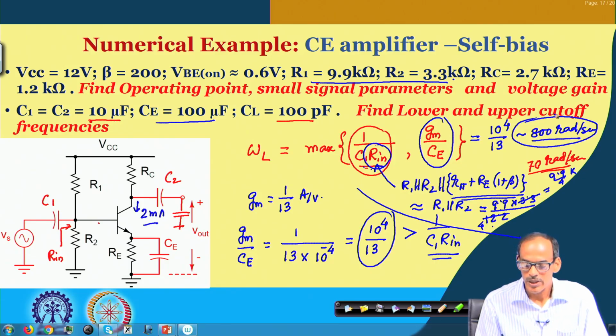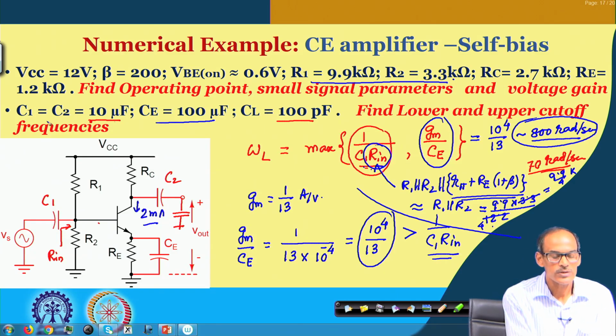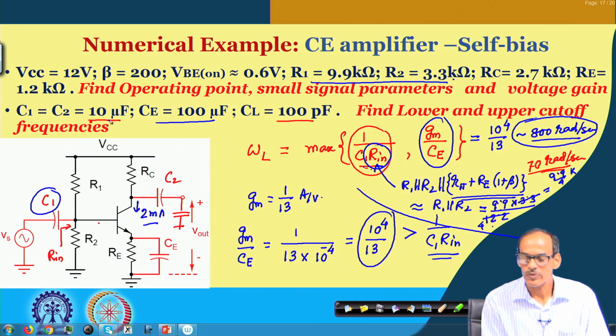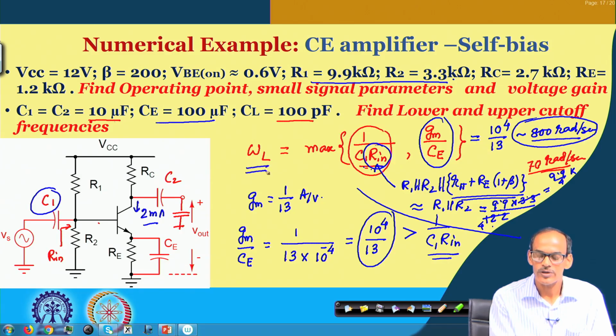But of course, if you pick this C1 as say maybe 1 microfarad, then the candidate to define the lower cutoff frequency will be the first one.